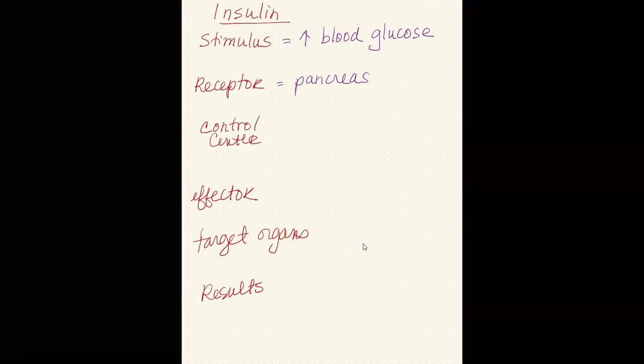It's looking for glucose and trying to determine how much is actually in there. The control center is also the pancreas, so the pancreas is what's going to make the decision about what's going to happen.